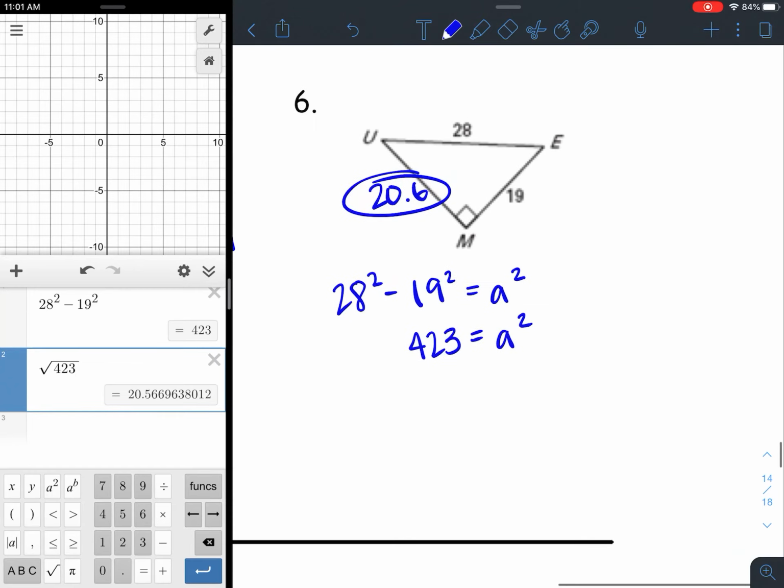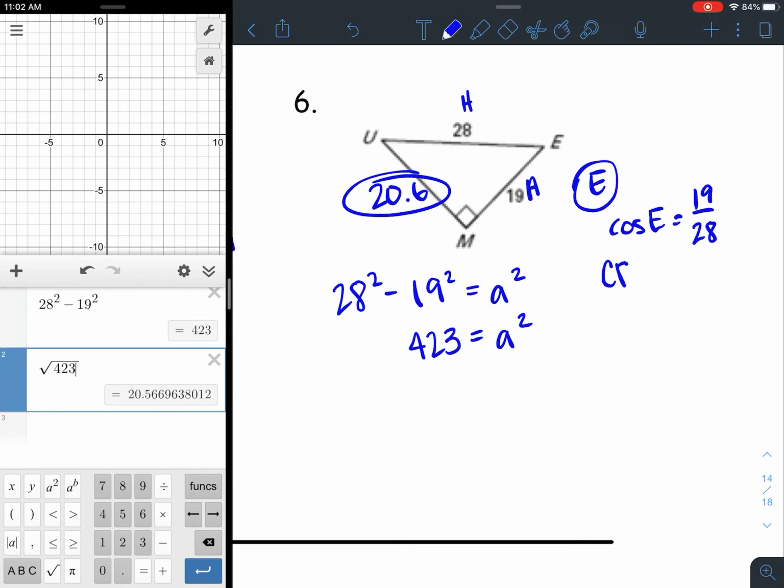If I want to solve for angle E, then I have my adjacent side and my hypotenuse, which leads me to cosine. So the cosine of angle E is going to be the ratio of the adjacent, 19, over the hypotenuse, 28.